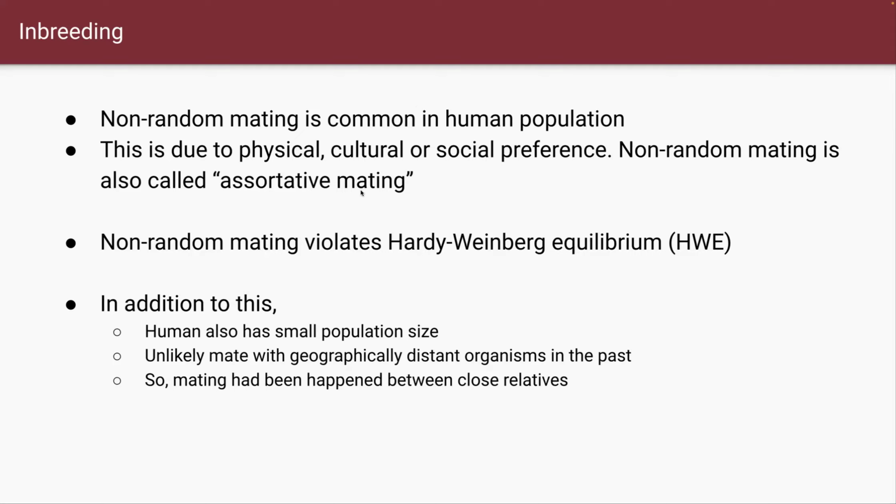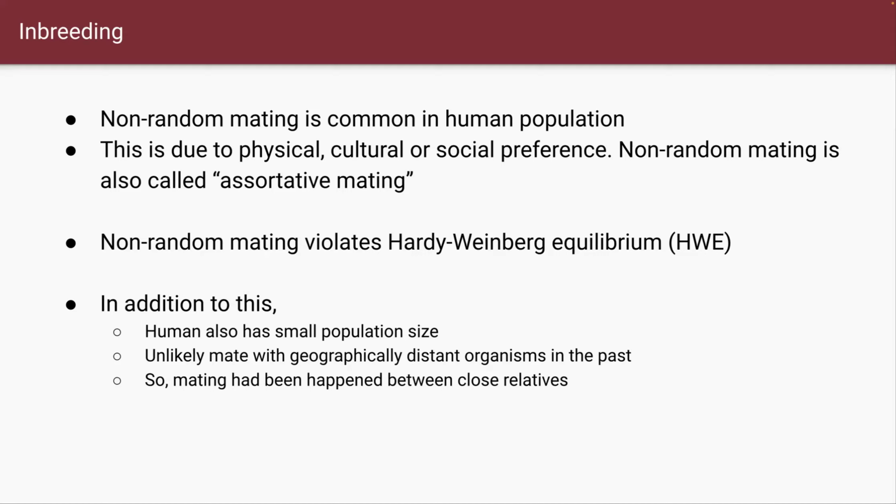So think about the Hardy-Weinberg equilibrium. What is that? The allele frequency has to be maintained, like a stable equilibrium across generations. That's Hardy and Weinberg's assumption, but it can be violated because we do not marry just anyone.